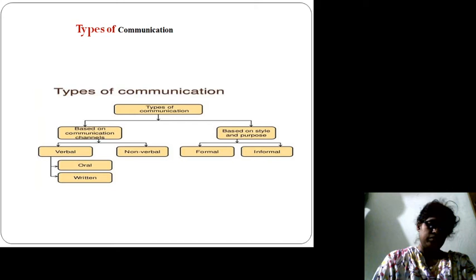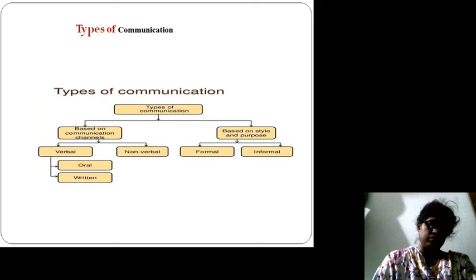It means that indirectly, the stated business goals are achieved with the help of informal communication. So many times informal communication is also helpful from the management or business point of view.